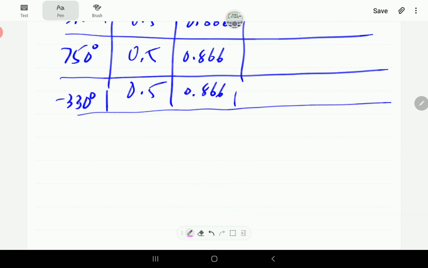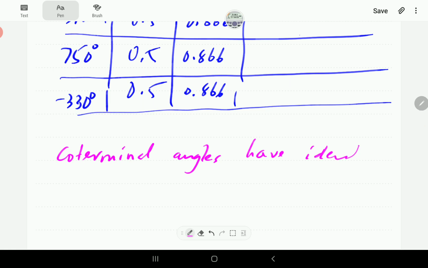And the conclusion is this one. Coterminal angles have identical trigonometric ratios.